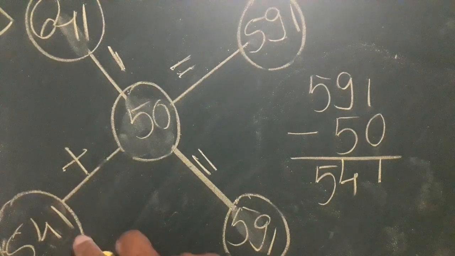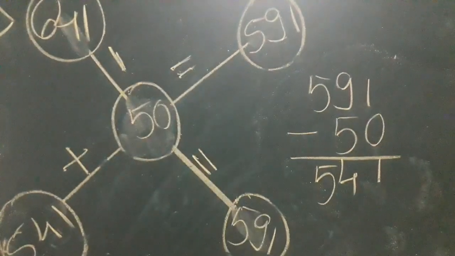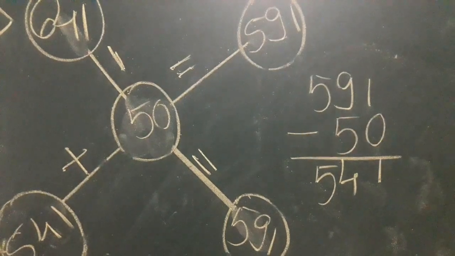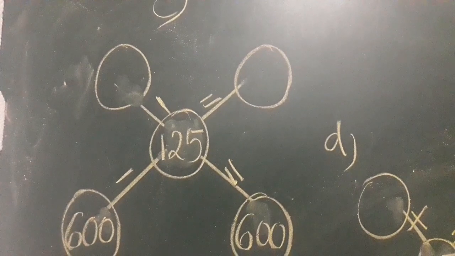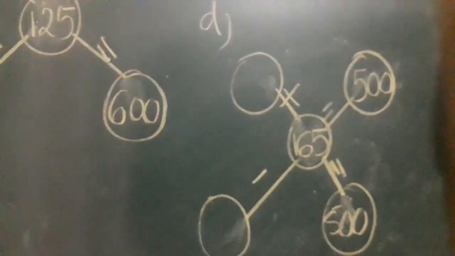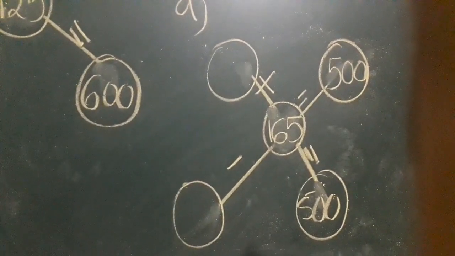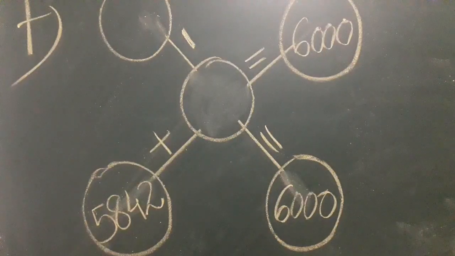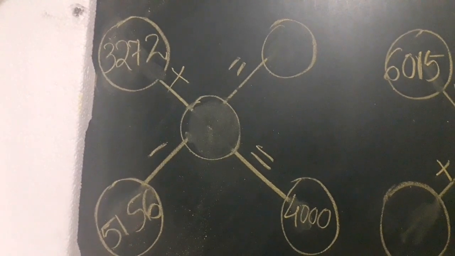So 541 plus 50 is equal to 591. Fine. Okay, now try out these two questions, C and this is your D. Try out these two questions also.